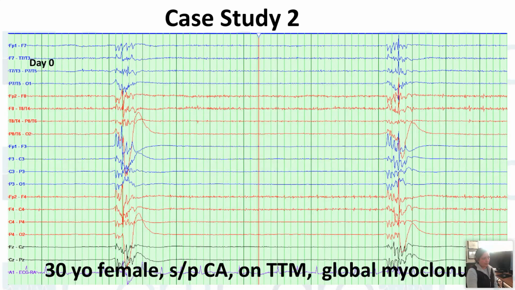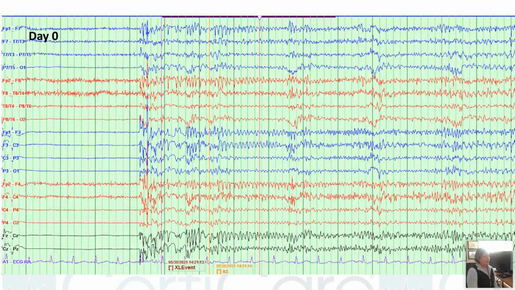I have another case here, and like you have guessed, it's not such a good story. 30-year-old female, cardiac arrest, on target temperature management, global myoclonus. Patient's EEG has gone through so many changes in 1 day.